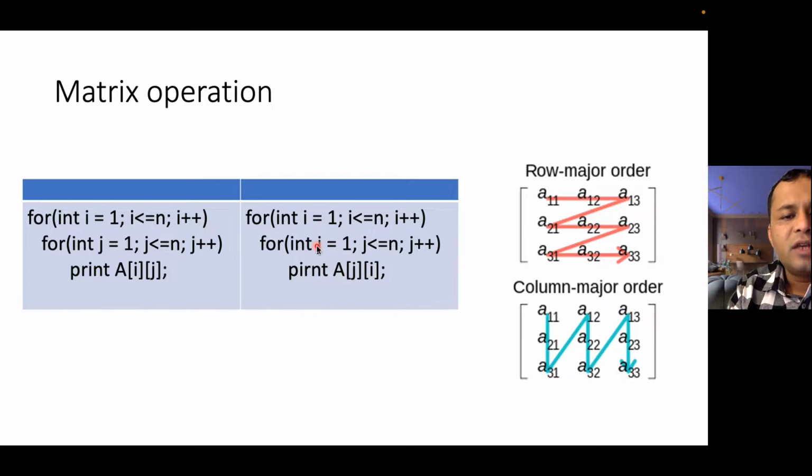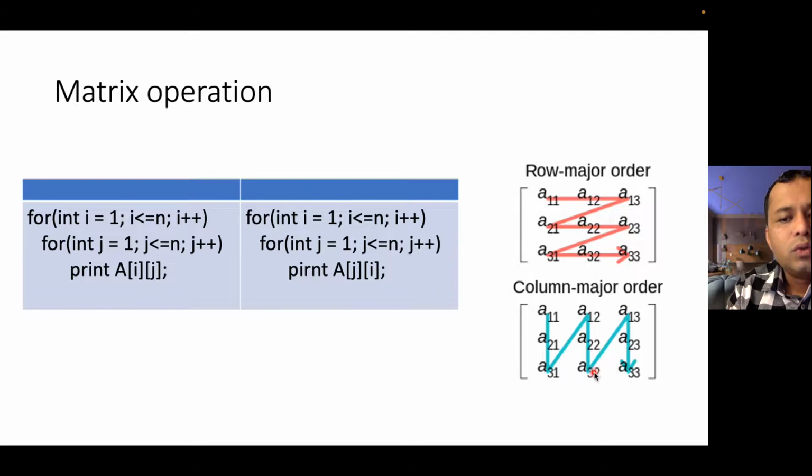Okay. So here we see you have i, you have j, and Aji, right? So j is the inner loop. So this number would keep changing, j would keep changing. So 1 1, 2 1, 3 1, right? So that's what is the column order. 1 1, then j becomes 2, 2 1, then 3 1. You see? Yeah, that's the column. Then i becomes a 2, so 1 2, 2 2, 3 2, right?